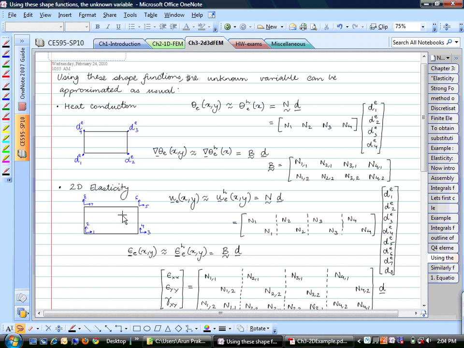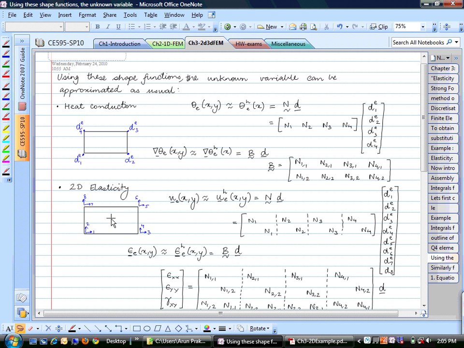There are 8 degrees of freedom for this element, and if you multiply this matrix with this vector, you will get a 2 cross 1, which would represent the displacement in the x direction at that point and displacement in the y direction at that point.